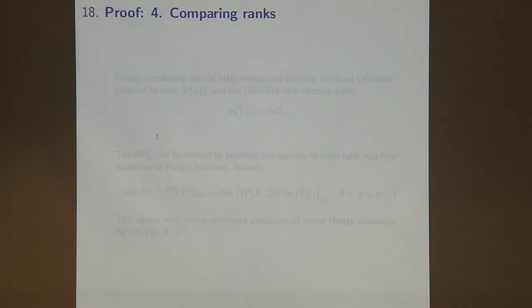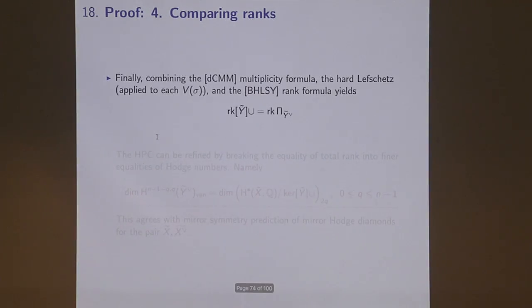Okay, so the last step of the proof is to compare the rank. So what's left to do is to compute this total multiplicity. And it turns out DCMM also had an explicit formula for that. So you need to use a little bit of hard Lefschetz, and together, you're able to compute the left-hand side, the rank of cupping with Y, and therefore the rank of cupping with Y tilde.